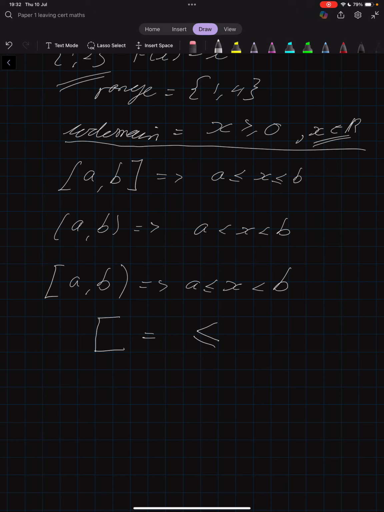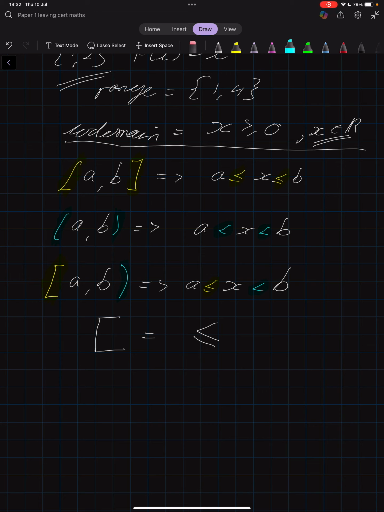So just to be clear, when there are square brackets like this, you have less than or equal to signs. When you have a round bracket like this, you have a strictly less than sign. Okay, so that's all you really need to know about the intervals.